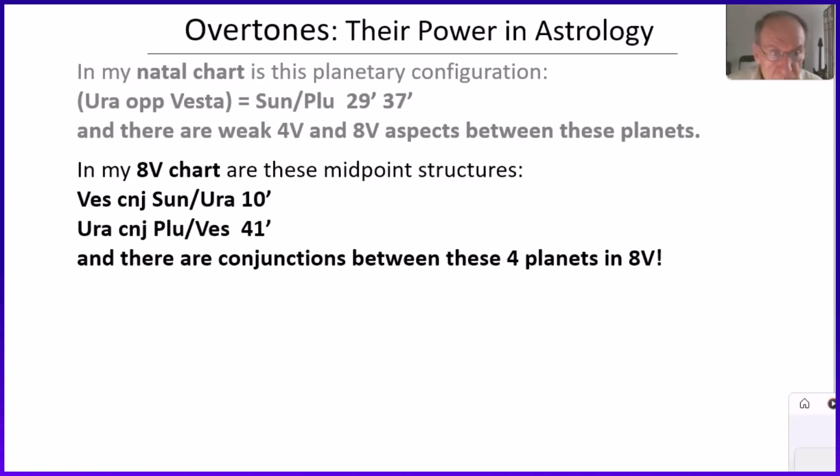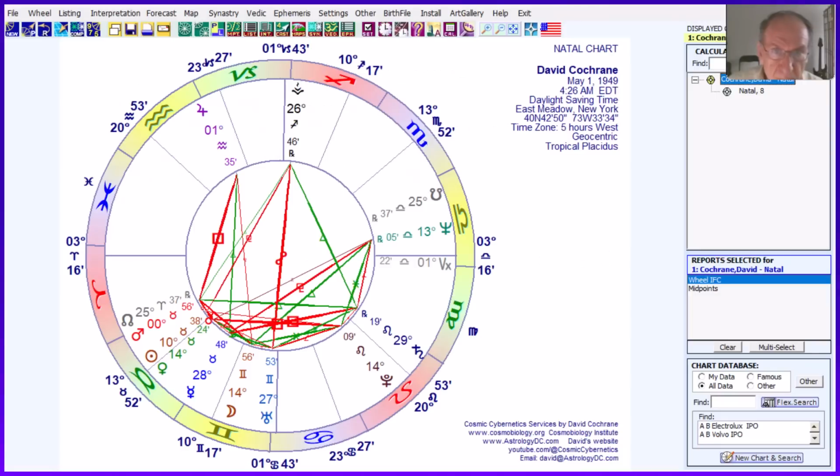So without Vesta, going back to my chart real quickly, you have Uranus making weak aspects to Sun and Pluto, and at the midpoint, Uranus, Sun, Pluto, dynamic, spontaneous, off on their own thing, just spontaneous and a little bit revolutionary, you might say.